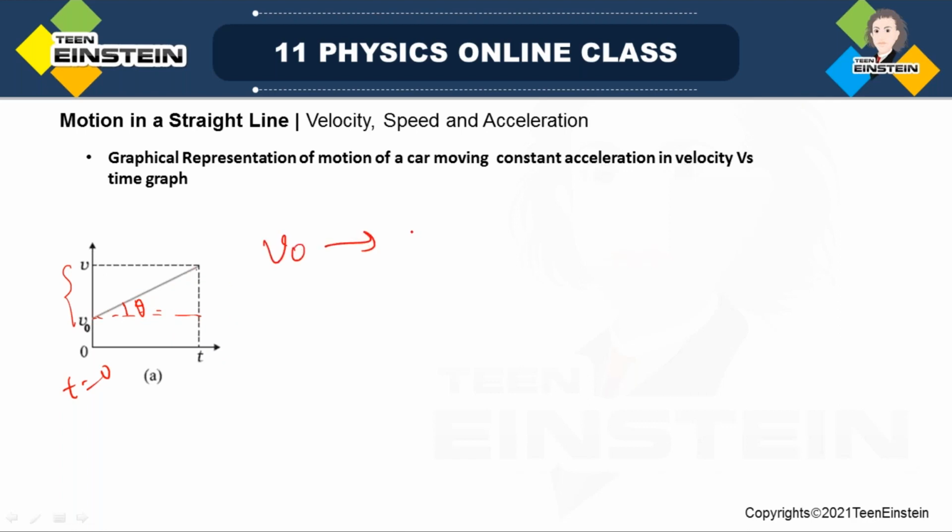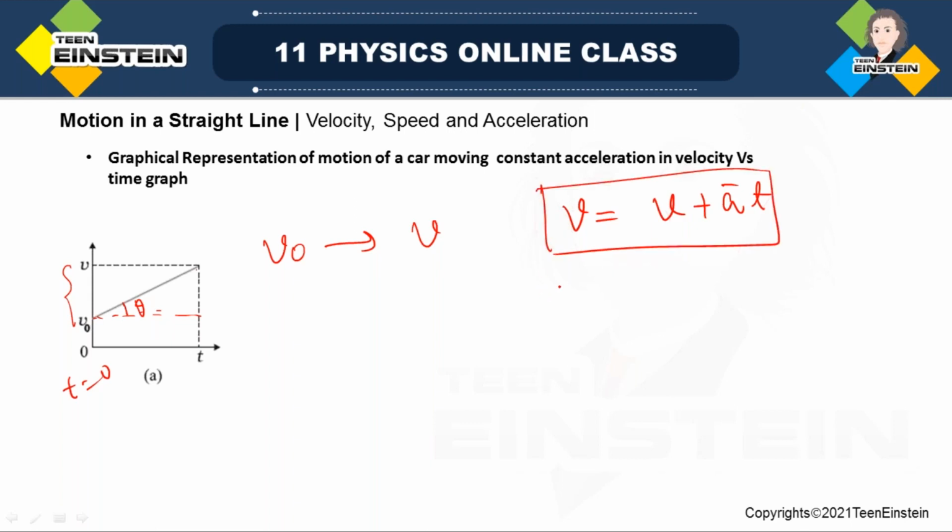The velocity becomes V, because we have seen the final velocity will be V is equal to u plus constant or average acceleration into t. So after some time t, the velocity is increasing to a certain value V from v0.